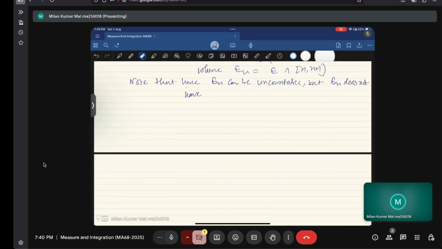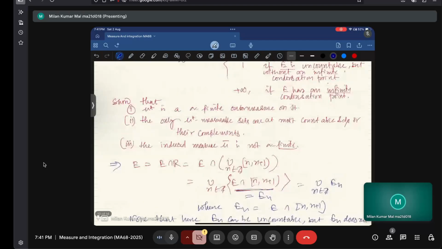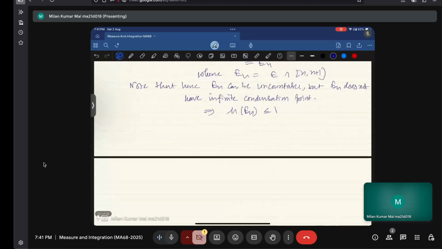This is what is important, because that will make the measure finite. En does not have an infinite condensation point, which implies mu of En is less than or equal to 1. That means En is either empty, finite, or countable, or it is uncountable but does not have an infinite condensation point.